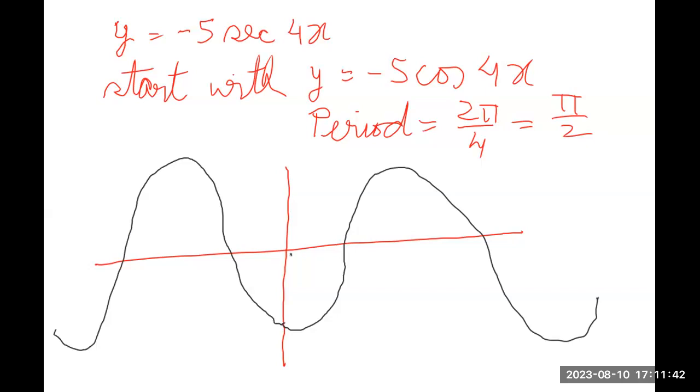So that's the origin, 0. And then that's one period, so that's pi over 2. That's half of that, so pi over 4. And then that would be pi over 8.